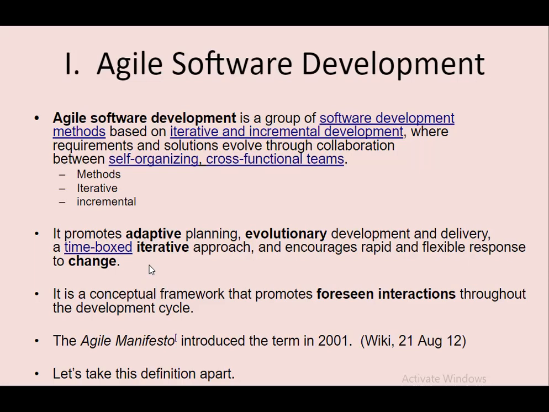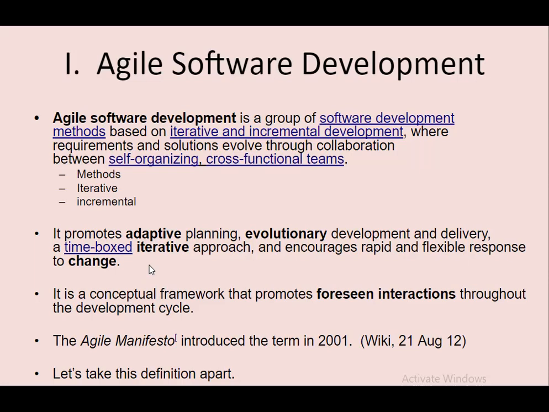Planning is something adaptive. Then evolutionary development and delivery: all the time we try to improve whatever we have developed till now, always trying to enhance it and make it better and better so that customer satisfaction is at a great extent.